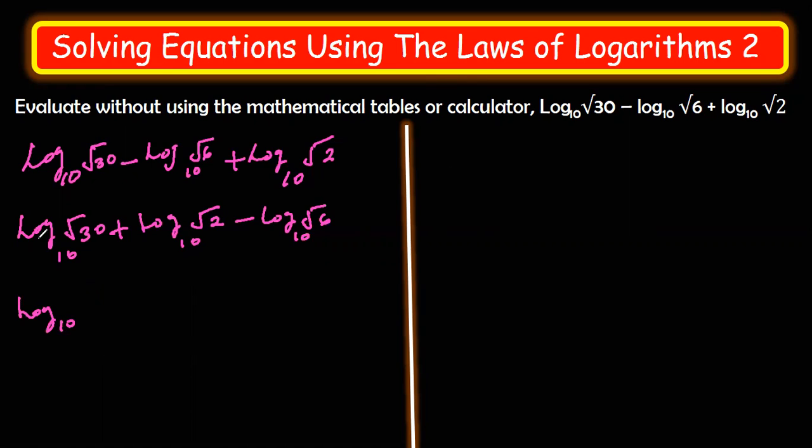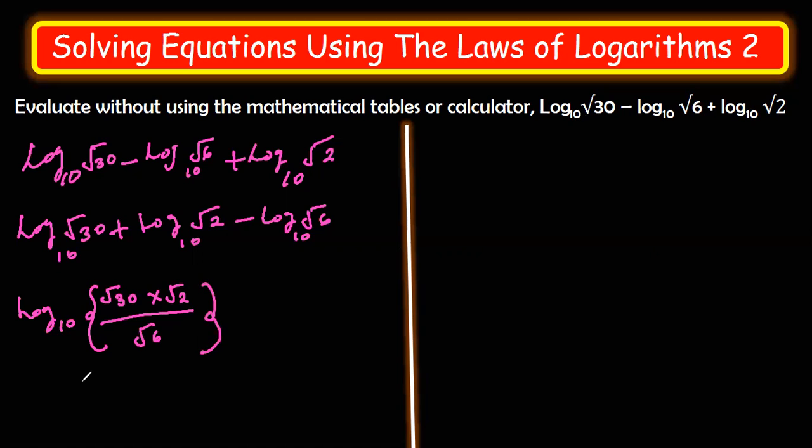Okay, I should be able to write it now. So we have root 30 times root 2 divided by root 6.